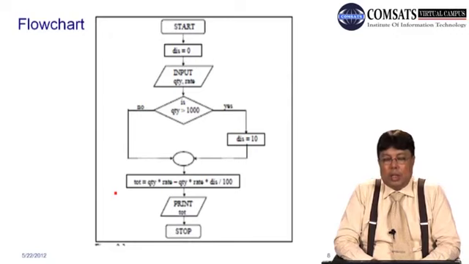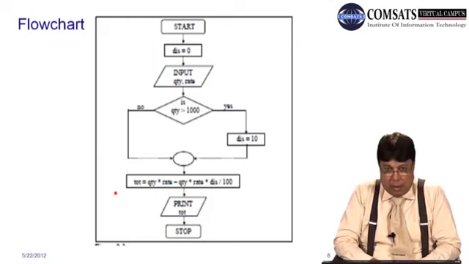Then you put a decision box. This is basically the if construct here, that checks if quantity is greater than 1000. If yes, it will go to the right side where the discount is 10. Otherwise, no, then the discount remains 0.